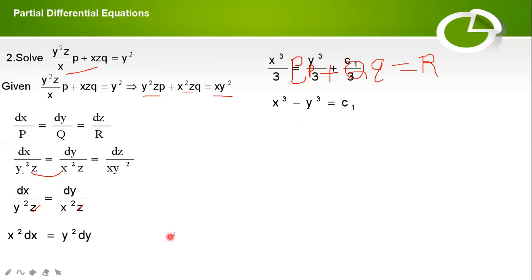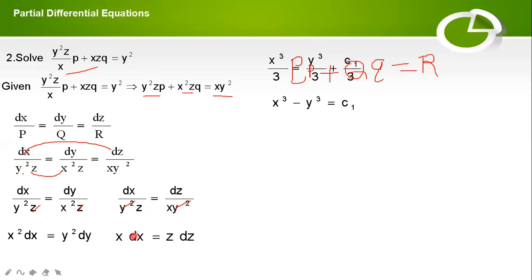Now consider one more pair of equations. Consider these two, dx by y square z equal to dz by x y square. Here you can cancel y square and cross multiply: x dx equal to z dz. Now integrate.